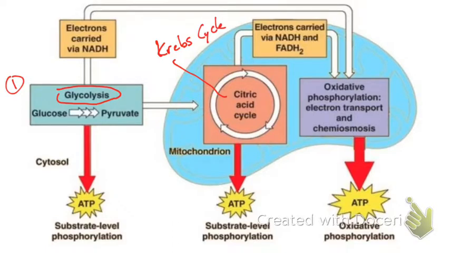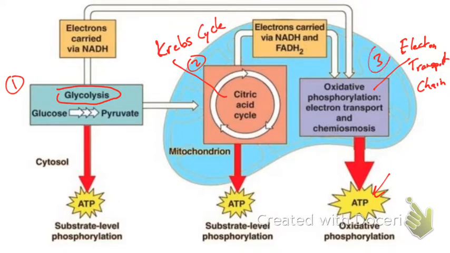And then here's what they call oxidative phosphorylation, but we consider it as the electron transport chain. The most amount of ATP occurs here. Remember, the whole goal of this is to get ATP, right? So step 1 is glycolysis, step 2 is the Krebs cycle, and step 3 is the electron transport chain.